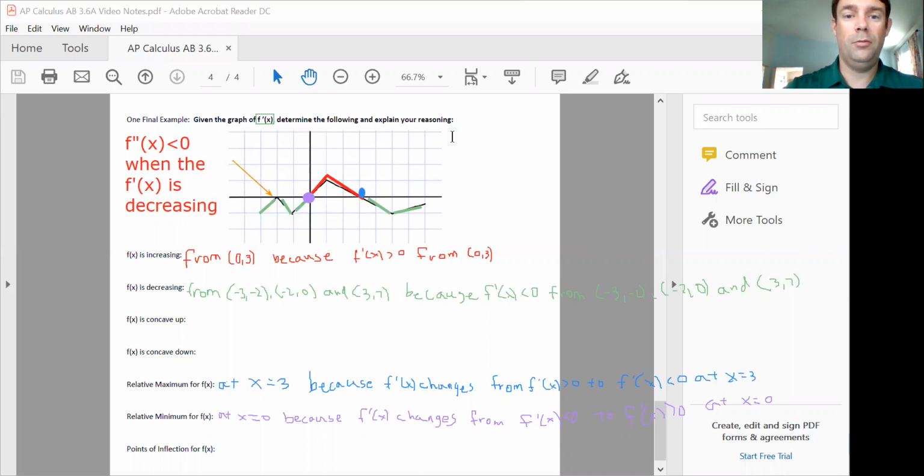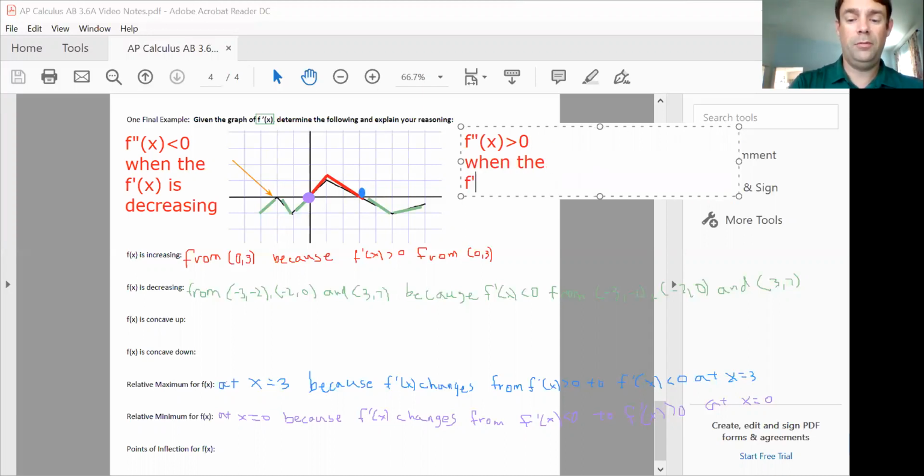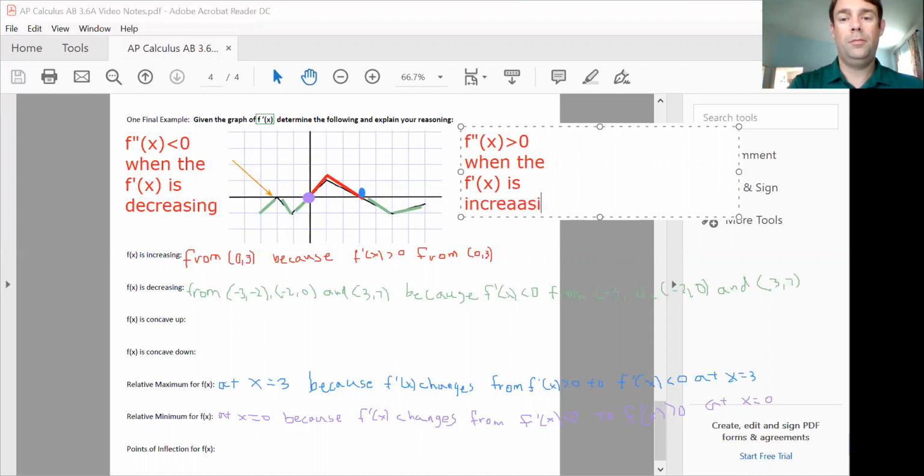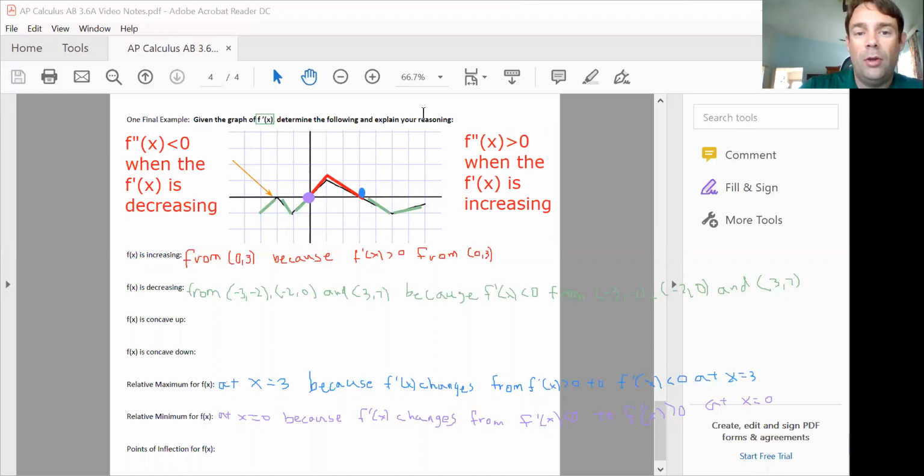All righty, so the second derivative is going to be negative when the first derivative is decreasing. Likewise, the second derivative is going to be greater than 0 when the first derivative is increasing. So these are kind of like the big ideas that we're looking for.